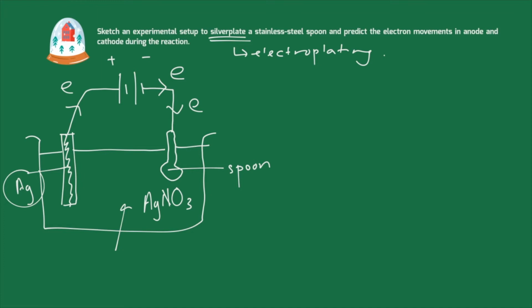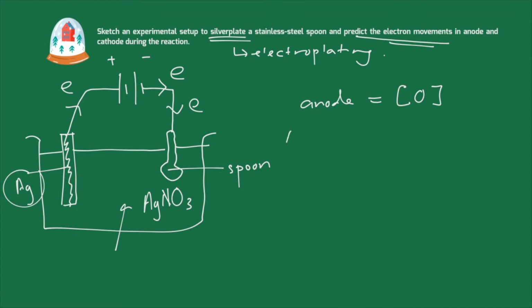And then if you look at the mark, it is 3 marks. Definitely, because here it says predict the electron movement, so you need to say the electron movement. The anode shall oxidize to form the cation, which shall be deposited to the cathode.